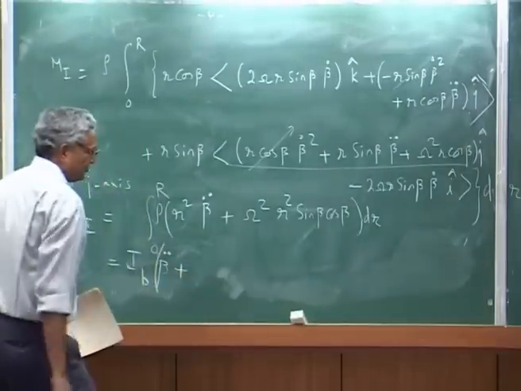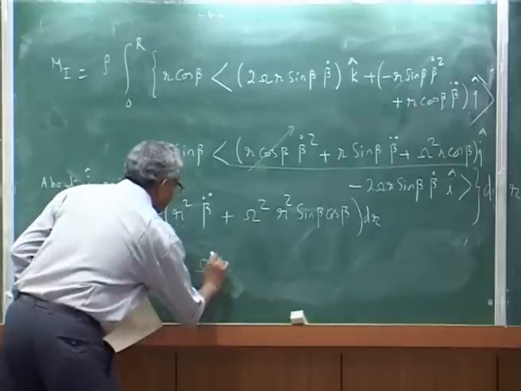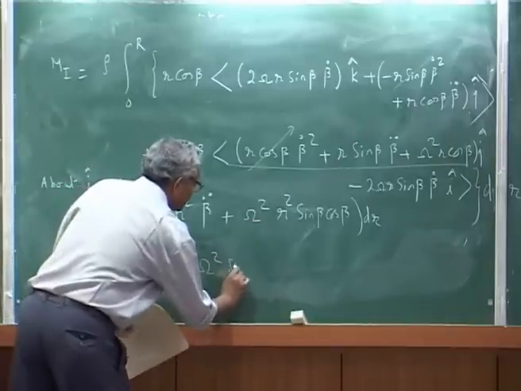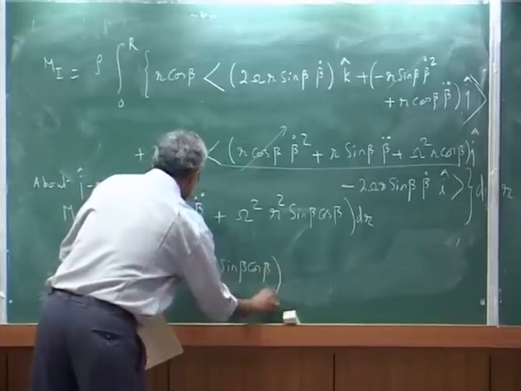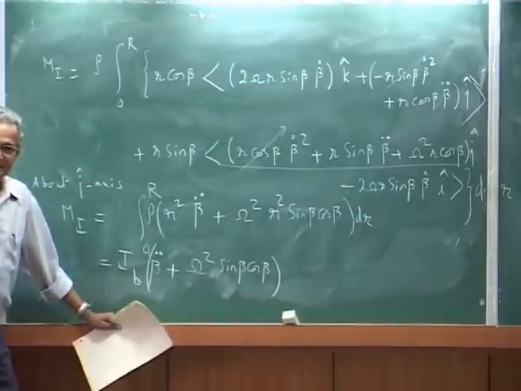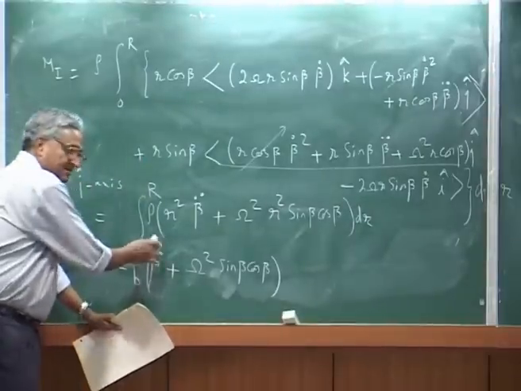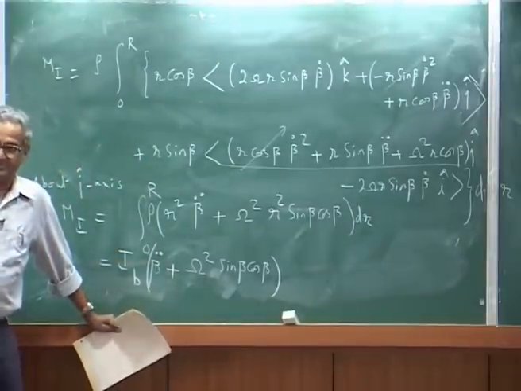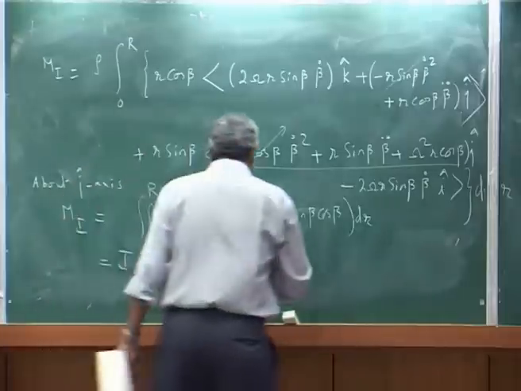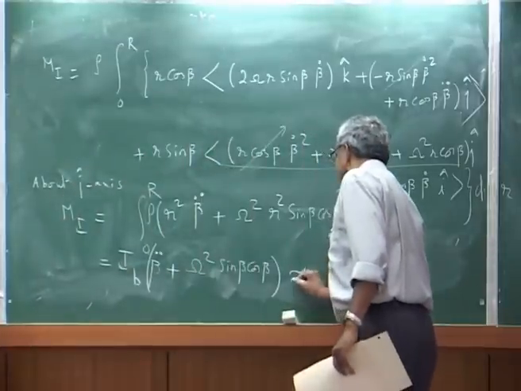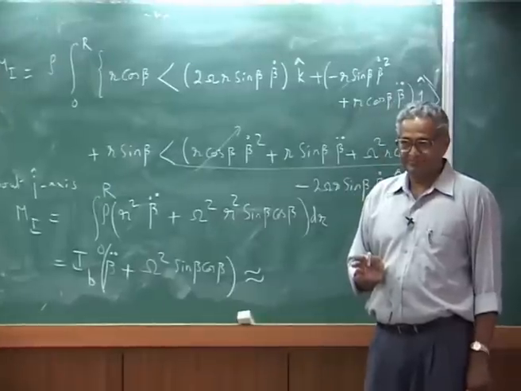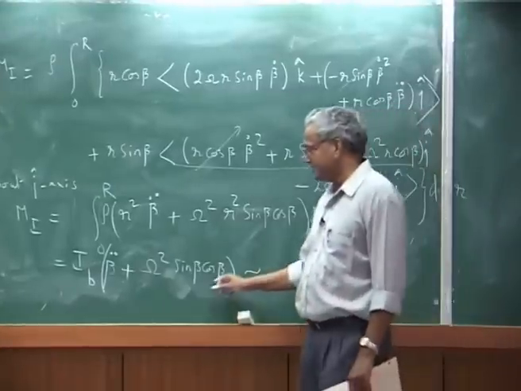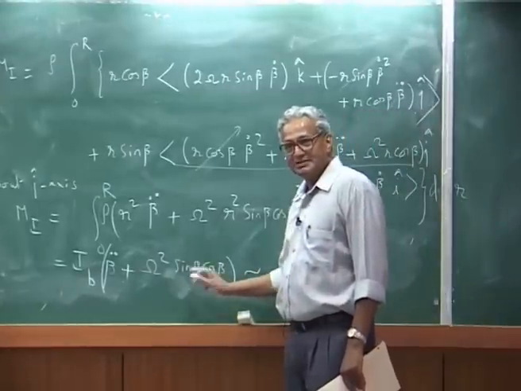Plus omega square sin beta cosine beta. Here the double dot is the derivative with respect to time. I am approximating this now when my angle is small: cosine beta is 1, sin beta is beta.